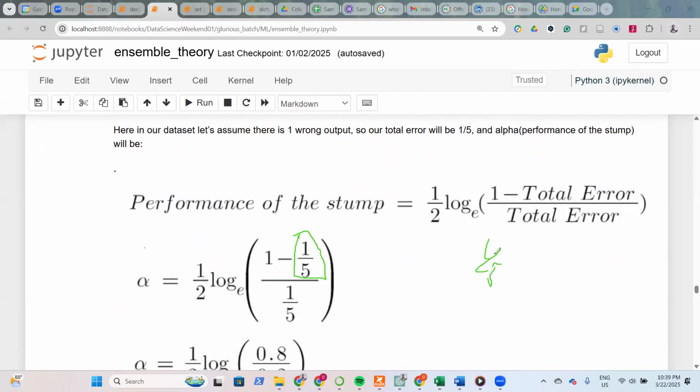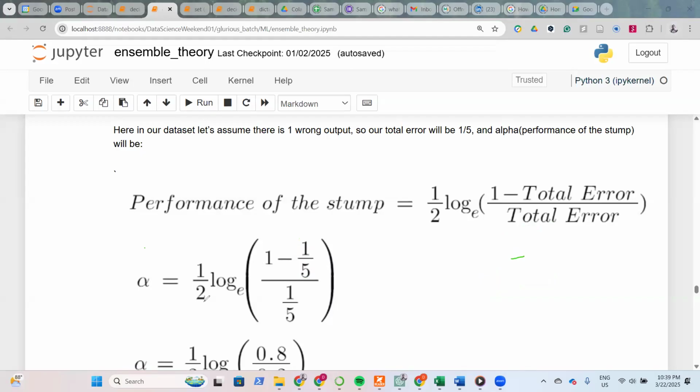If we had 2 misclassification errors, we would have 1/5 plus 1/5 as the total. What does total mean? The sum of errors, right? But in this case, we just pick 1 for the sake of simplicity, just to explain how it works. This is how they calculate alpha, or the amount of say.